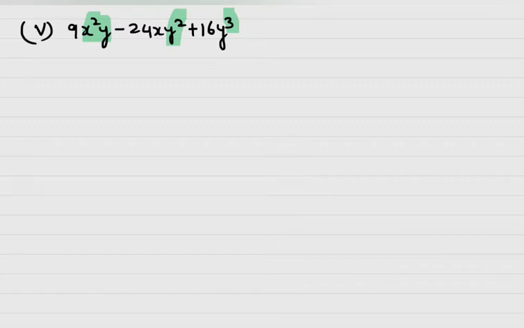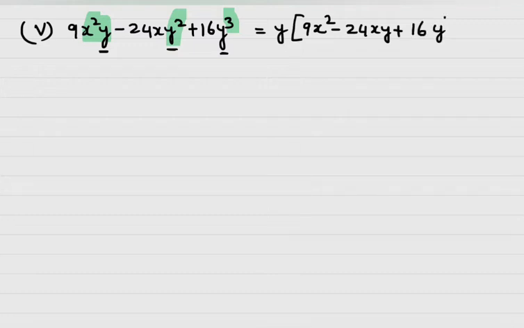Children, if you properly observe this question, you'll see that see y square, y cube. There is y in every term. So you can take out y common. If you take out y common, you'll be left with 9x square minus 24xy plus 16y square.